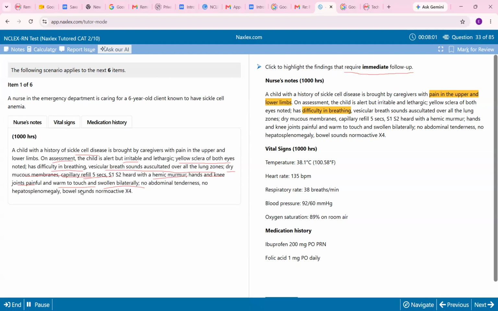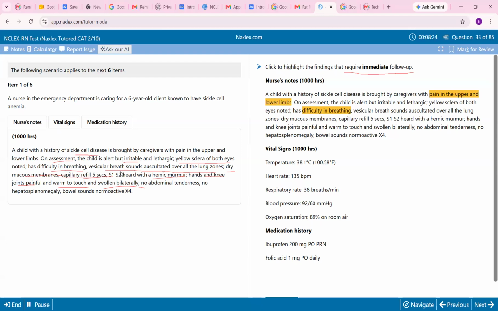On the assessment, it is written that the client is irritable. The client has yellow sclera in both eyes because hemolysis is there. Also difficulty in breathing, dry mucous membrane, capillary refill 5 seconds. Is it normal?